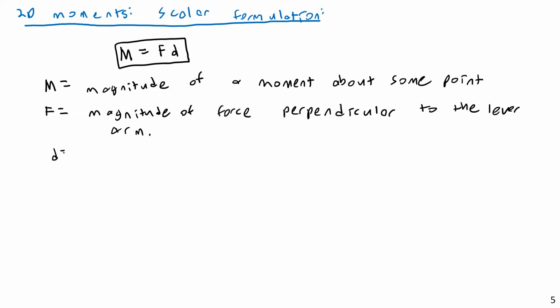And D is the length of the lever arm. So we can do moment equals force times distance, but you have to separate out the components of the force that are perpendicular or not to the lever arm. So let's go ahead and look at some examples of this.